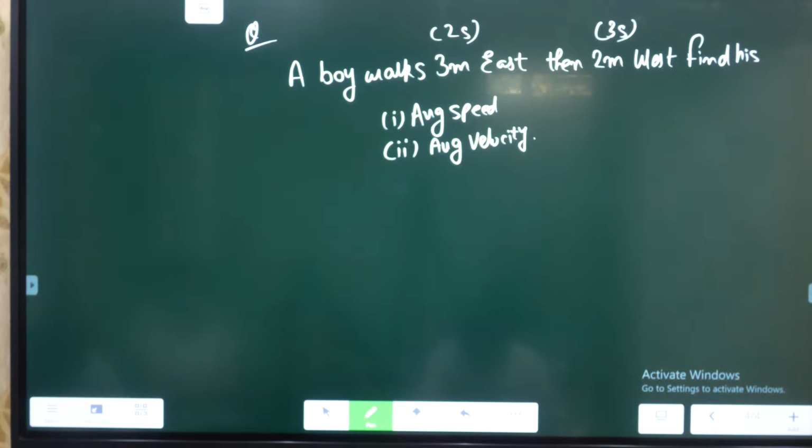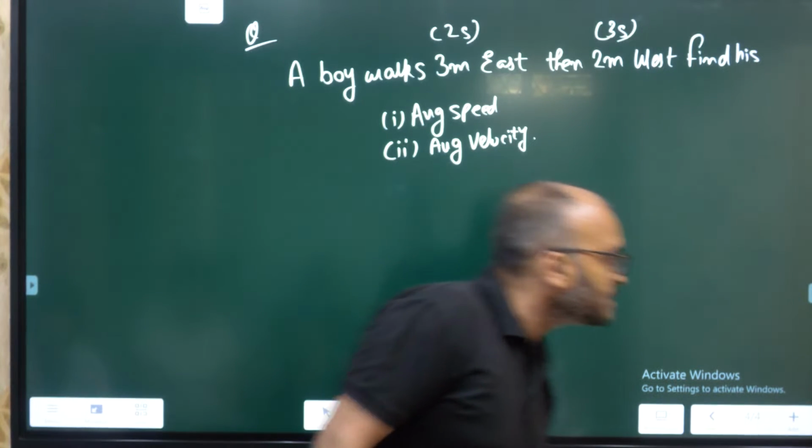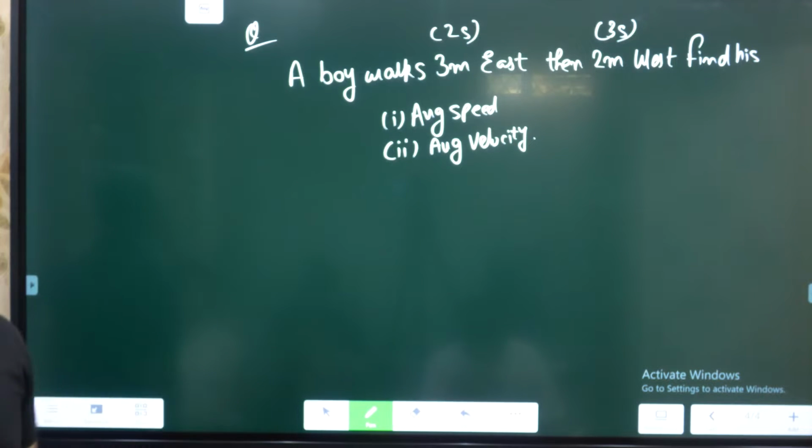Answer 1 and 0.2, good. The average speed is 1 and velocity is 0.2. Yes, good.